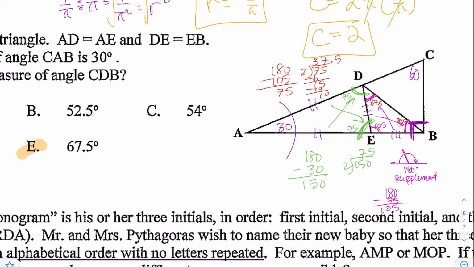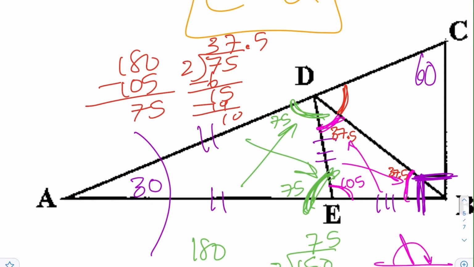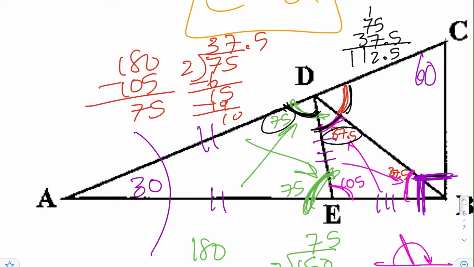And to figure out the angle of CDB, that's this angle here, you have this angle is 75. This angle here is 37.5. This would be 180 minus the sum of 75 plus 37.5, which is 112.5.